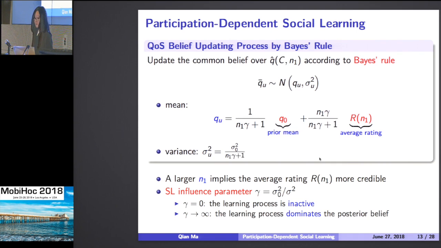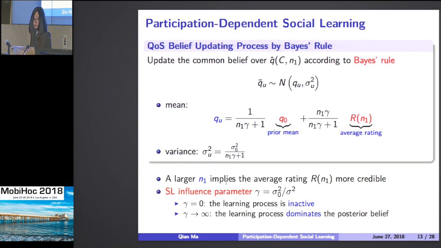Intuitively, if more users subscribed to the service provider in the first period, then their average rating is more credible to later users. The second important parameter is gamma, the so-called social learning influence parameter. If gamma is small, which is 0, then Q_U equals Q_0.